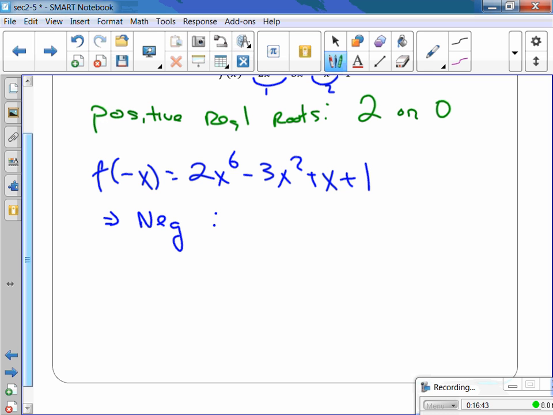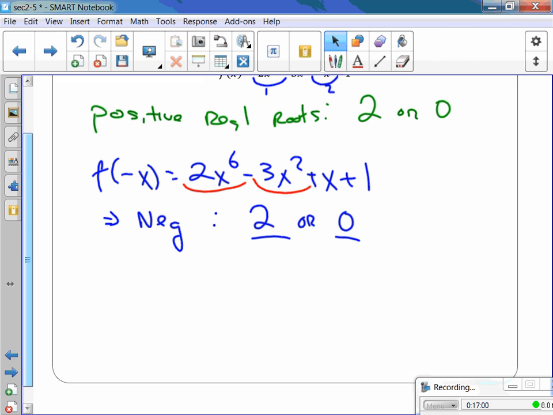Exactly. We have 2 sign changes, from the positive to the negative, and then negative to positive. So 2 or an even number less. That's all there is with Descartes' rule of signs. Questions on it? It doesn't get any more complicated than that.